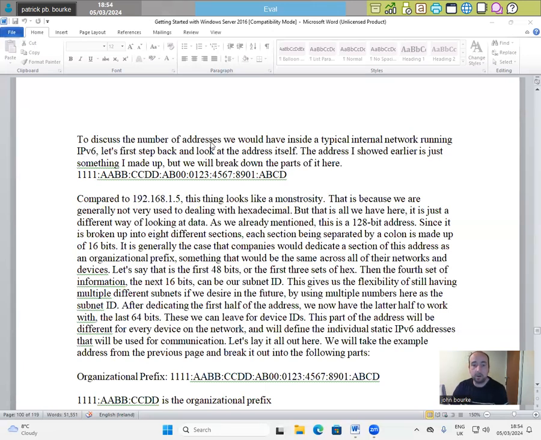To discuss the number of addresses we would have inside a typical internal network running IPv6, let's first step back and look at the address itself.